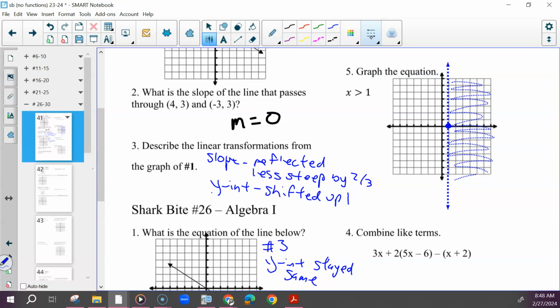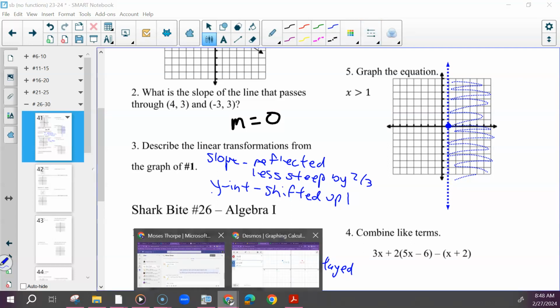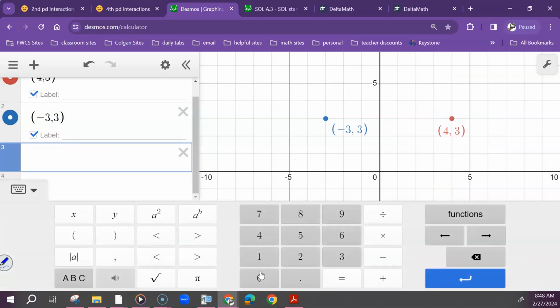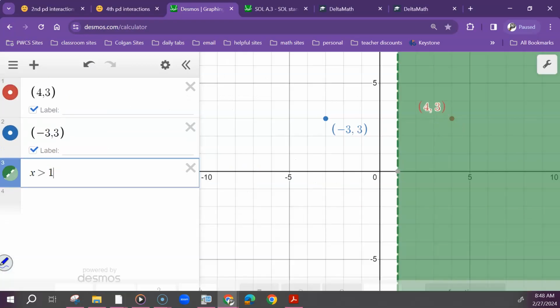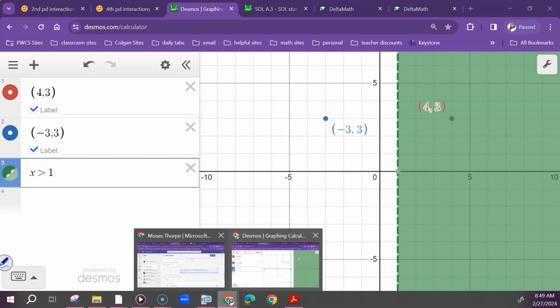Questions on that one? That one you could have also put in Desmos to double check yourself. And it would have shown you that it's a dashed line at 1 shaded to the right. So make sure you are definitely using Desmos for inequality questions.